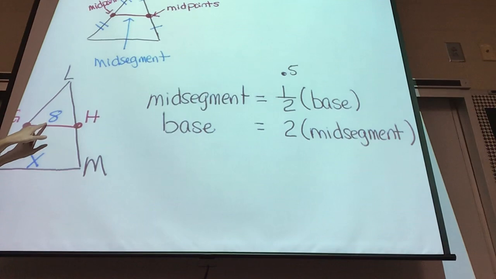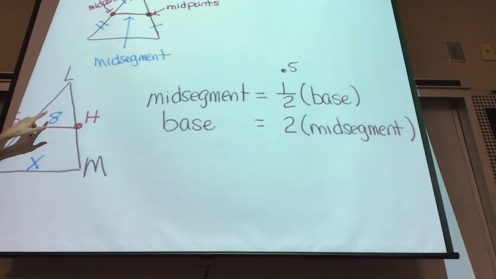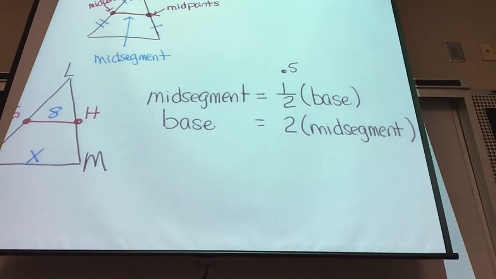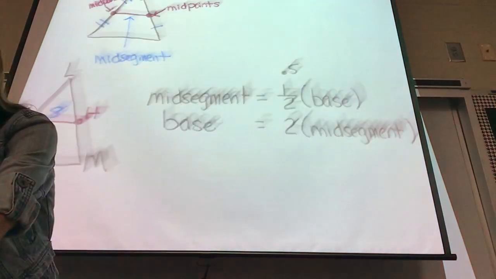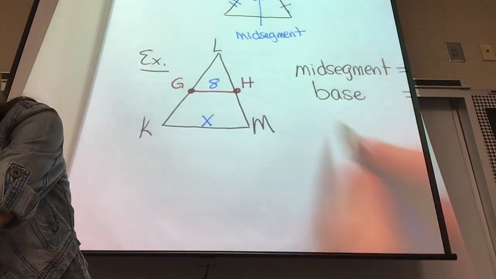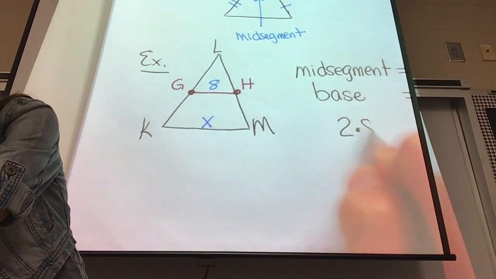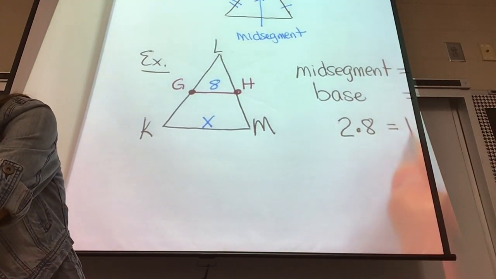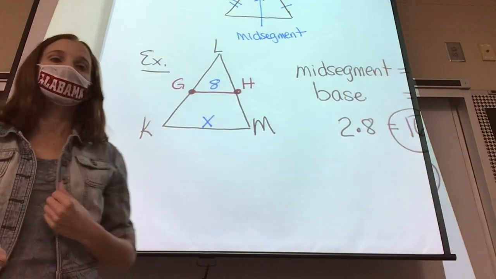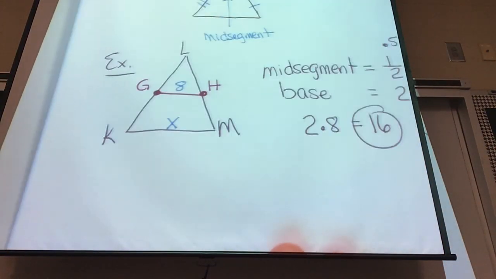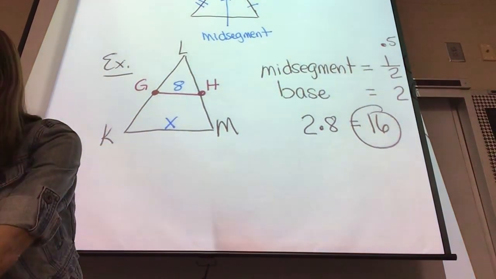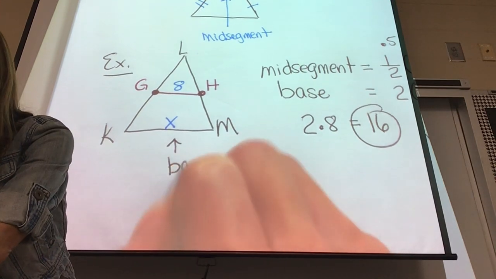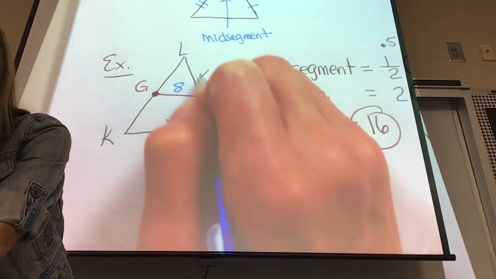So it's going to be double whatever this is. So what is 2 times whatever your mid-segment is? In this case, 2 times 8. It's going to be 16. So all I had to do on this one was simply do 2 times 8, and my answer is 16, because I'm doing 2 times whatever this is, because I need to find the base. This is my base. This is my mid-segment.